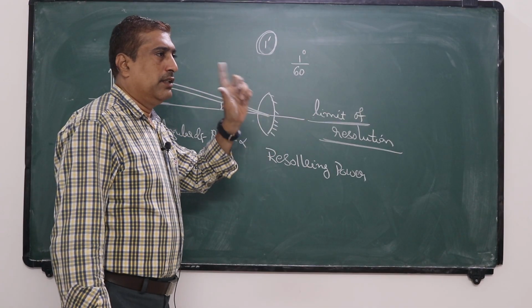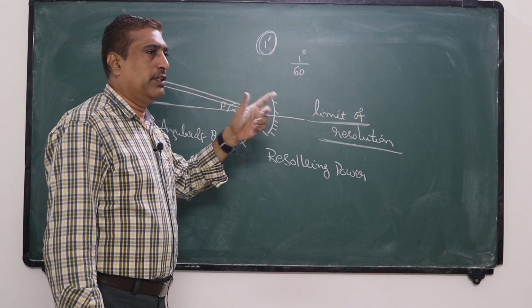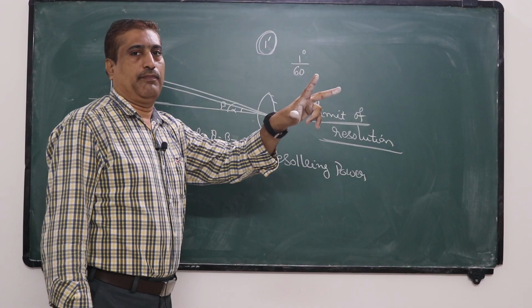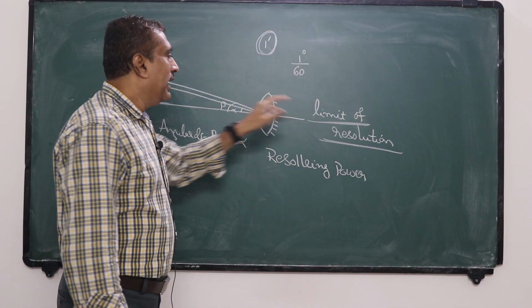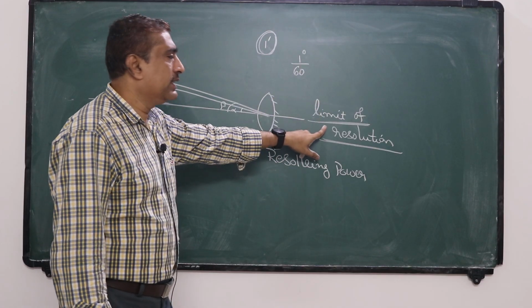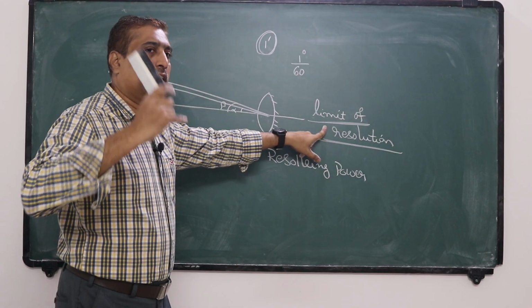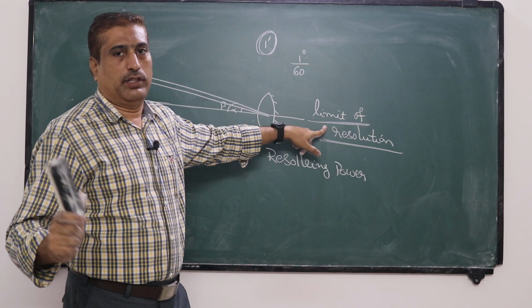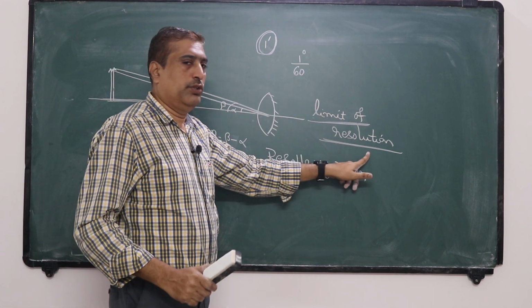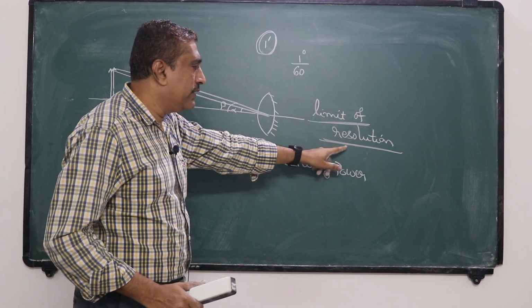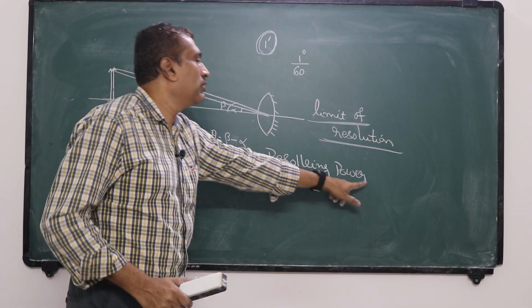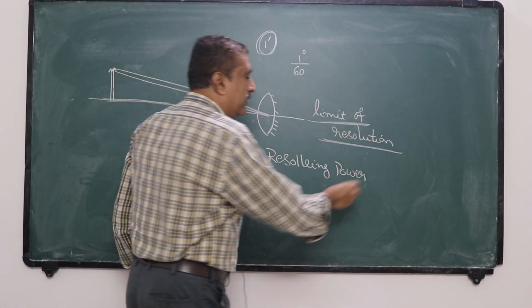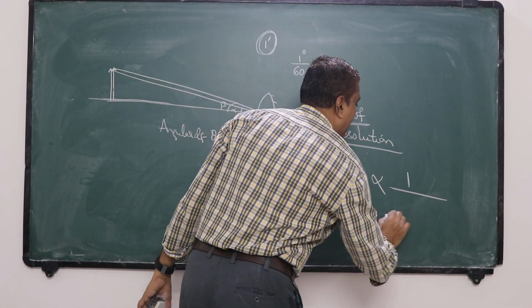Resolution means the process by which we can observe two close objects as separate. And the limit of resolution means up to a certain limit we can resolve them as separate. After that we cannot resolve them. That is called the limit of resolution, and the reciprocal of this limit of resolution is called resolving power.